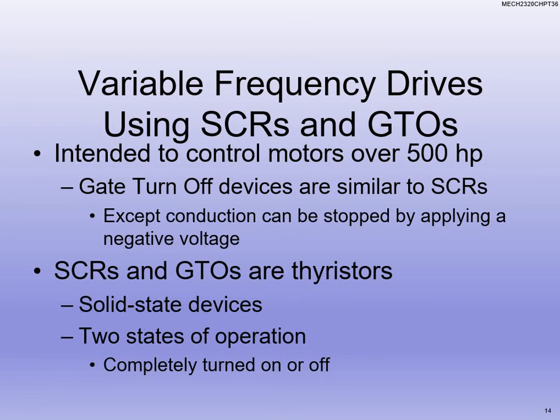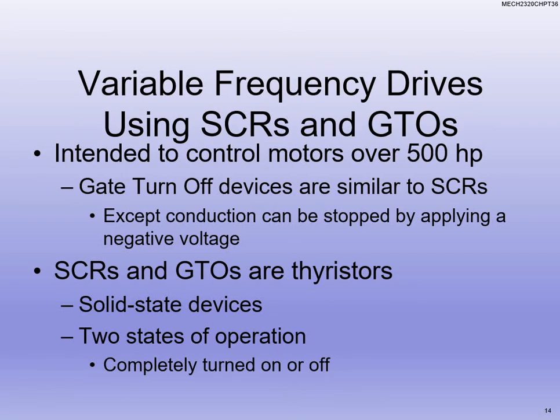Okay, so using SCRs and GTOs. We're going to talk a little bit about what a GTO is. It's a gate turn-off device. It's very similar to an SCR, but they use what we call thyristors.